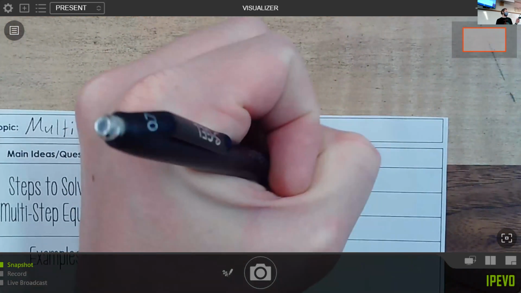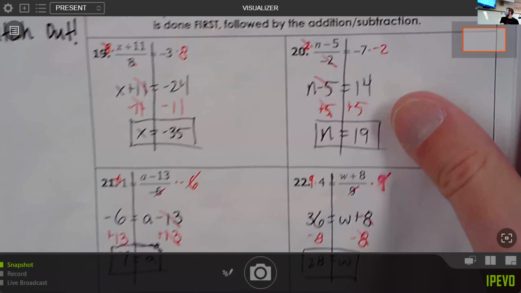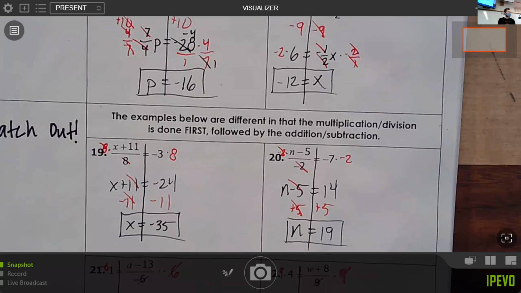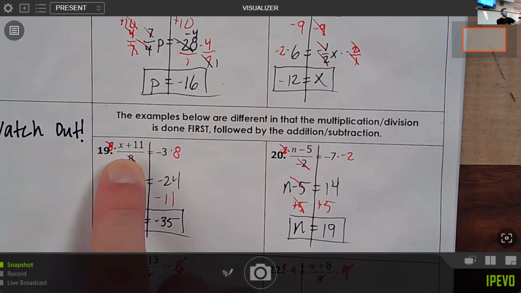The reason why we want to do that is because you can't solve an equation that has a set of parentheses in it. You have to be able to get rid of that parentheses to work with what's inside of the group. Kind of like when we were going back with our 2-step equations from last week. These last few problems that we saw at the bottom, we had to get rid of the denominators first because this group on the top was sort of locked away, and we had to basically unlock it by getting rid of the denominator.